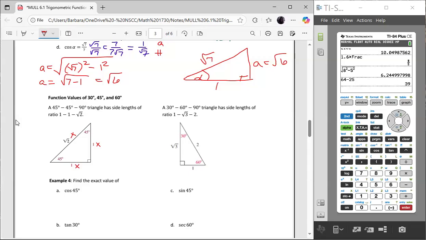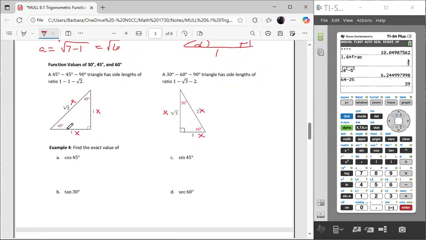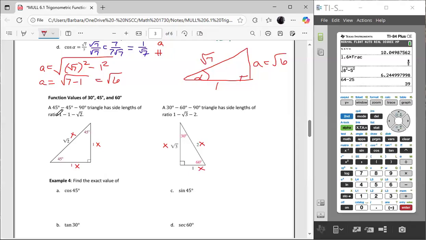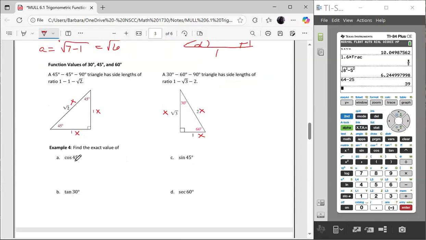And again, these are just ratios, so we can actually multiply each of these by x and still have a special triangle. So if we have to draw the triangle, we would just break it down to those ratios where x is equal to 1.